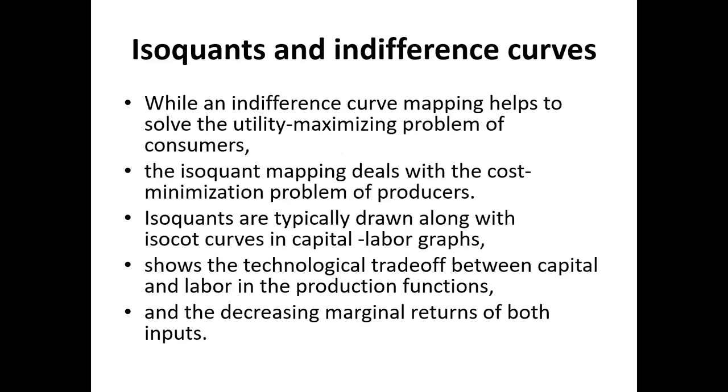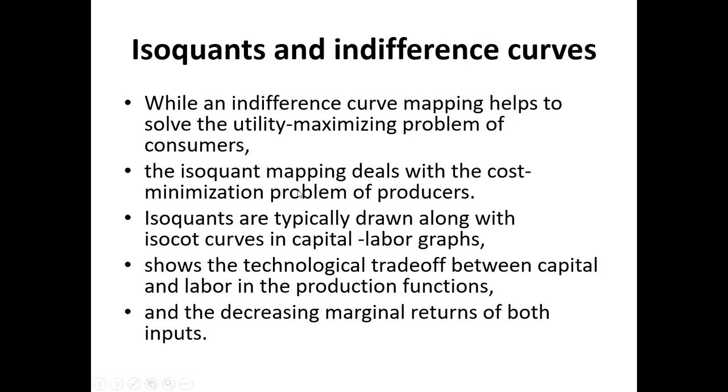So isoquants and indifference curves are used interchangeably. They have a similar principle. Of course, the indifference curves show or illustrate points that offer the same utility and the points that maximize your satisfaction, which is utility. Isoquant, on the other hand, deals with minimizing costs at the same time maximizing production. So isoquants and isocosts are all parallel to each other.